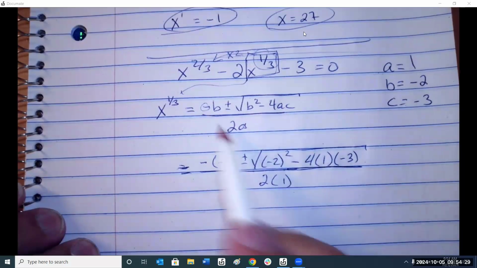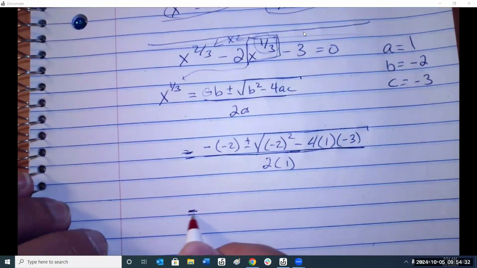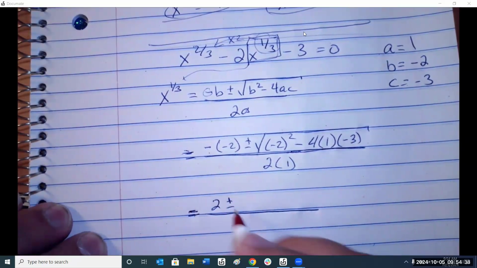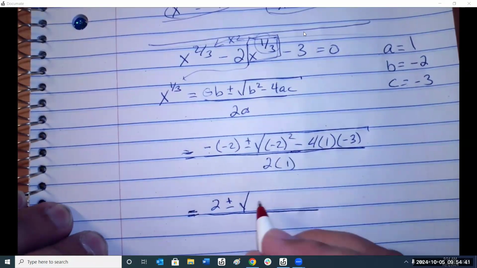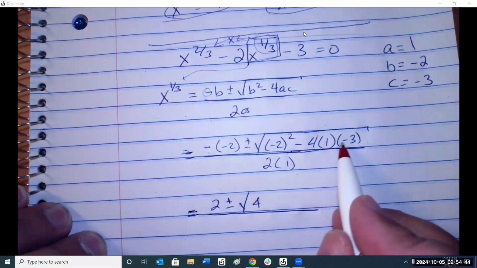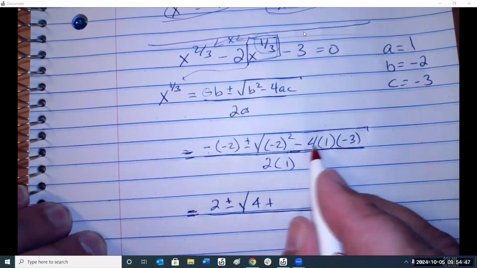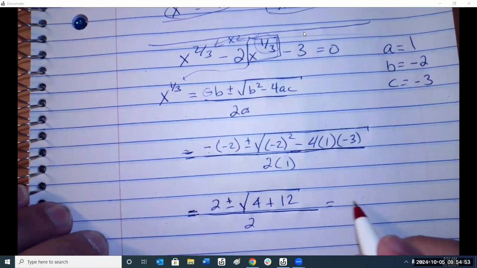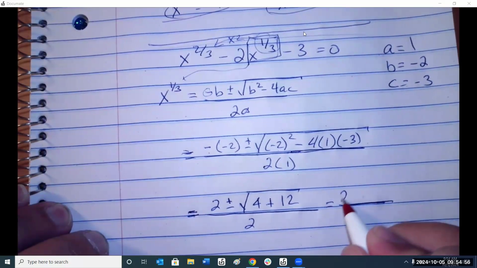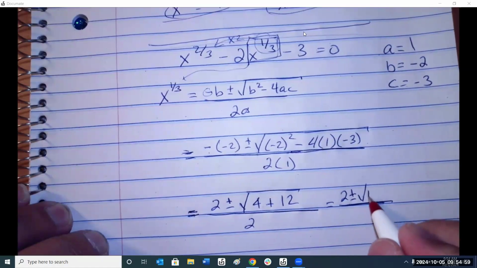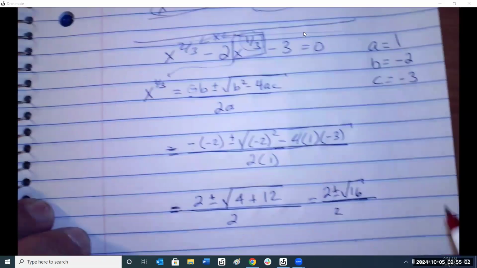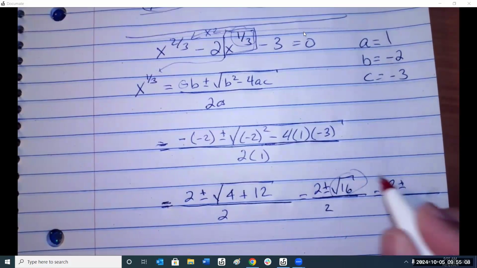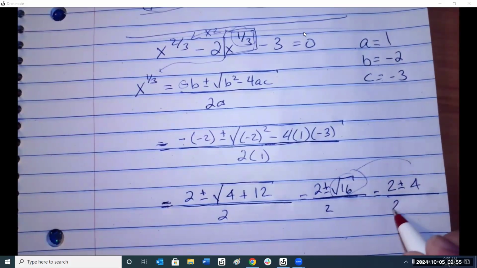I just plug in A, B, and C where they belong. So negative and negative makes it a positive. -2 squared is 4. Negative and then negative is positive, 4 times 3 is 12, over 2. 4 plus 12 is 16. Square root of 16 is 4. We're just doing order of operations.